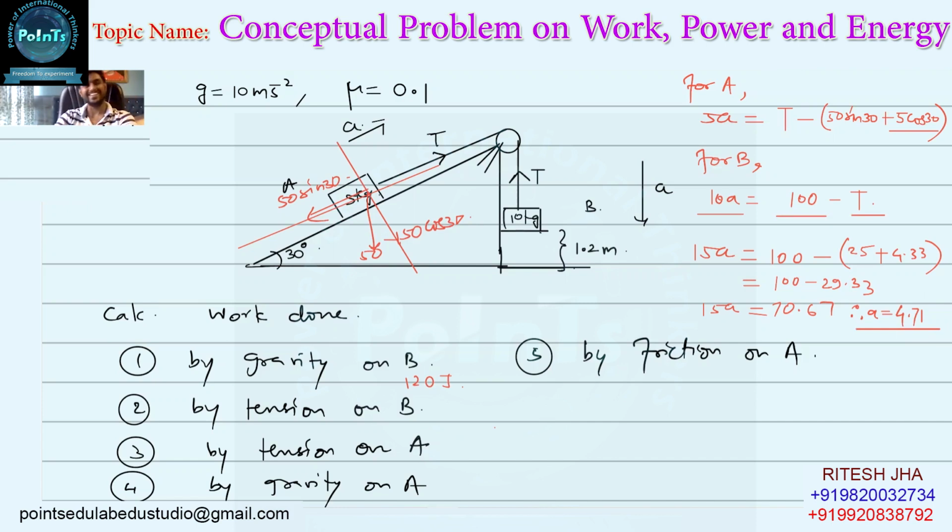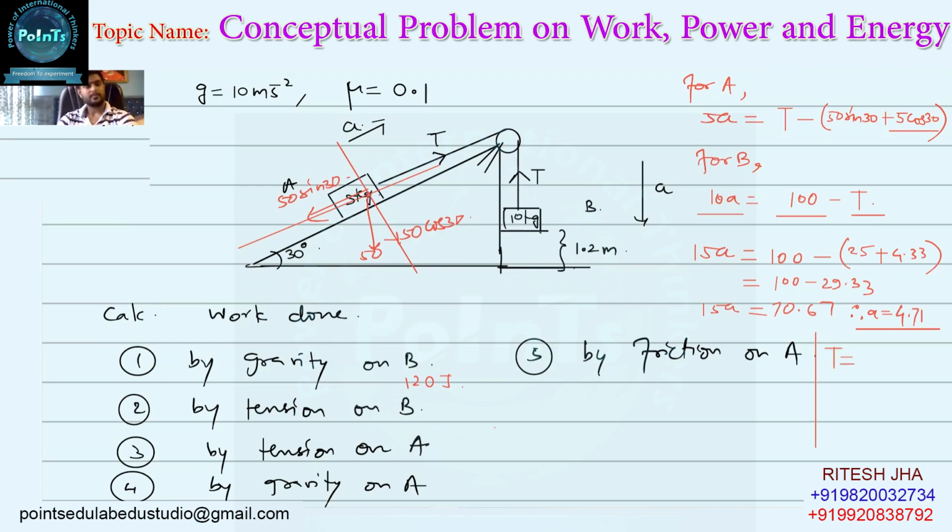Your comments, man. Okay, so 0.1 times 50 is 5, cos 30 is equal to a. Then what we also have is 100 minus F_T is equal to 10a. Then we just add these together, 5a in the first equation, which should get rid of F_T. 100 minus 50 sine 30.